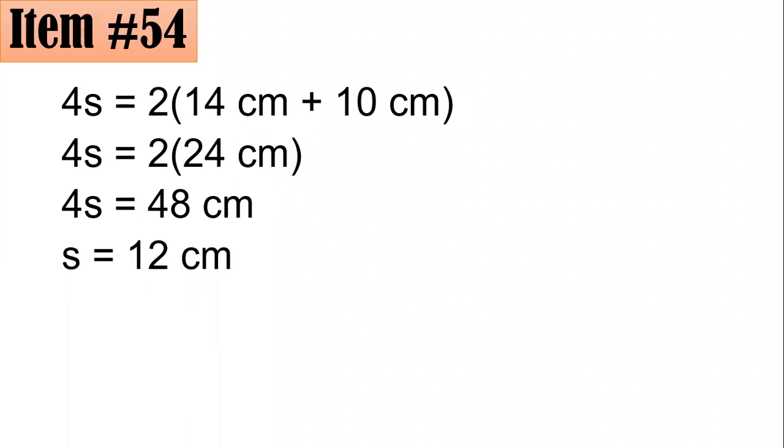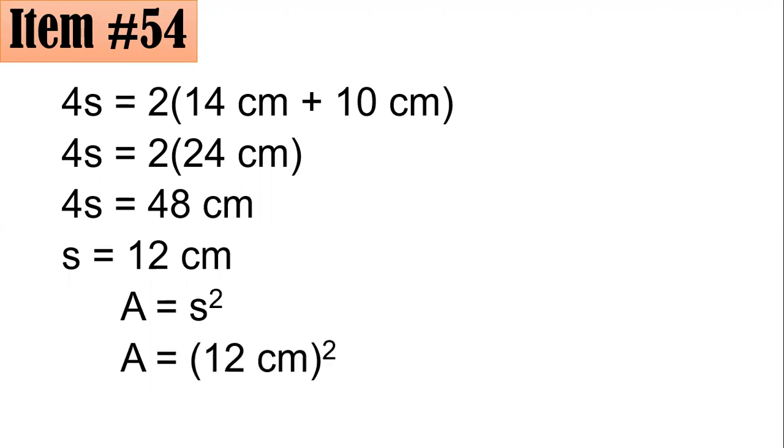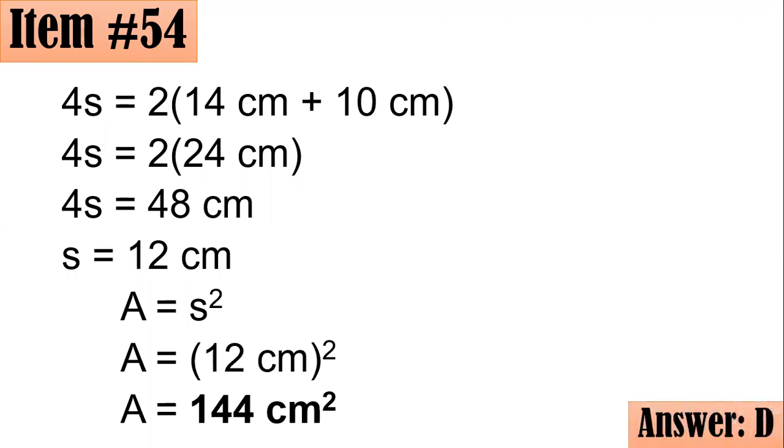And in agreement also to what Ma'am Mariel mentioned, kasi area ng square yung hinahanap natin eh. So side square lang naman yan. That's why we will have A is equal to S squared. And that gives you 144 centimeters squared. Indeed, letter D nga po yung ating tamang sagot. So sa lahat po, very good.